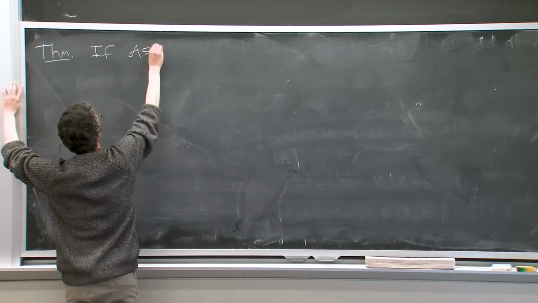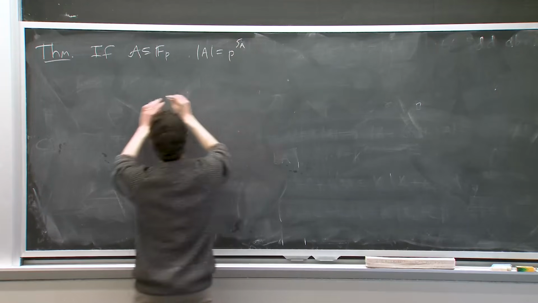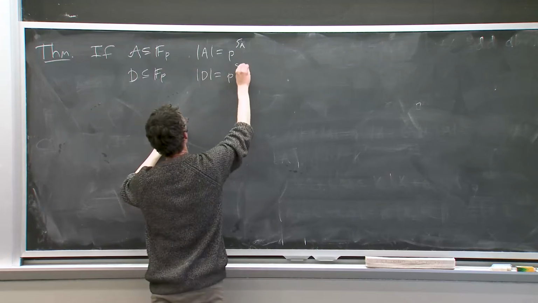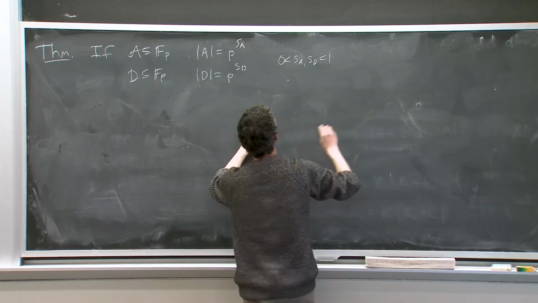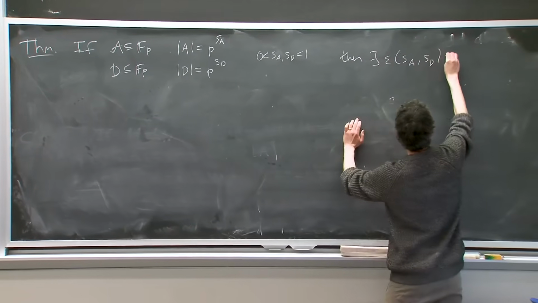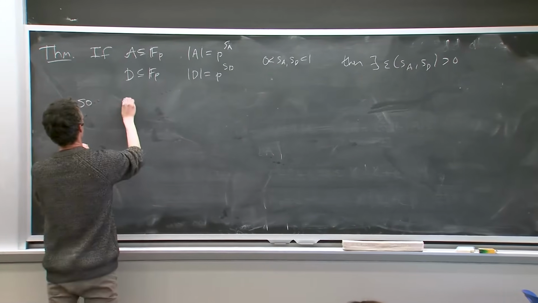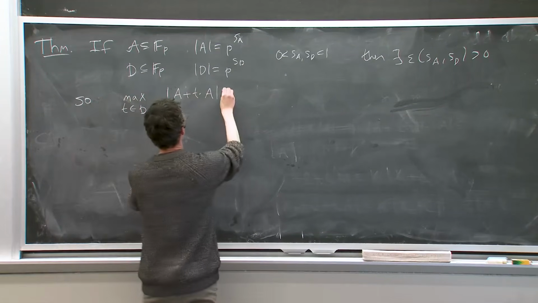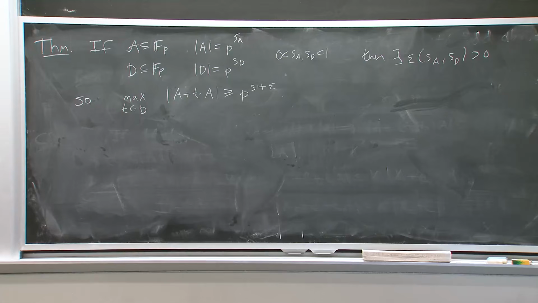If A is a subset of F_p, and it has a certain size, p to the s_A, and D is a set of directions in F_p, and D has size p to the s_D, and each of these is strictly between 0 and 1, then there exists some epsilon, depending on the s's, bigger than 0, so that the following thing is true: the maximum over t in D of |A + tA| is significantly bigger than |A|.